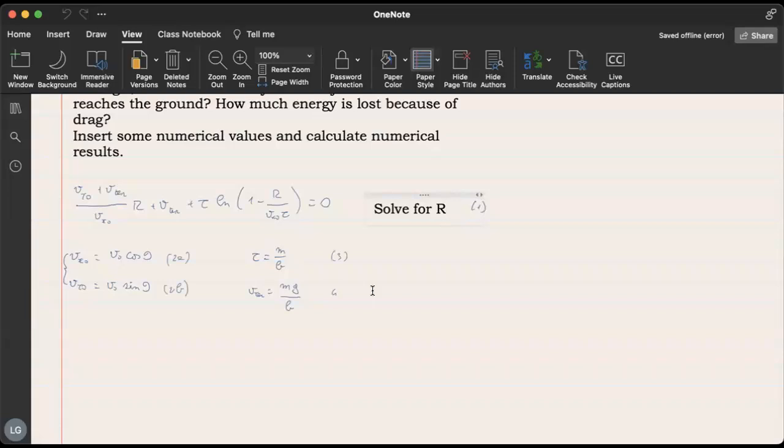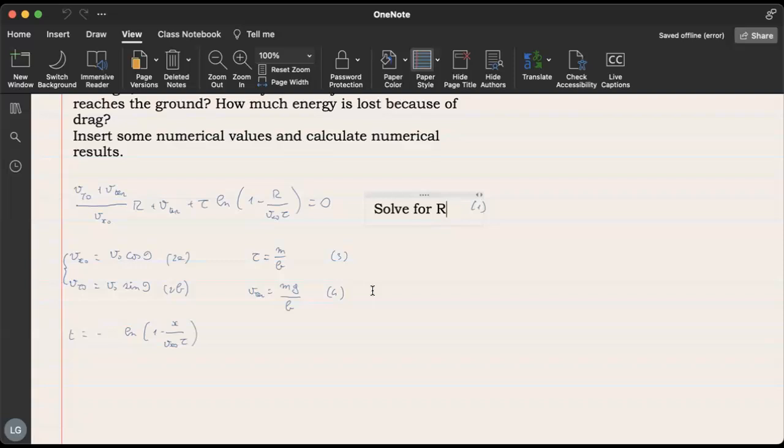And we have an equation for the time of flight as a function of R. t is going to be equal to minus tau times the log of 1 minus x divided by vx0 times tau, where x is the input, the variable.